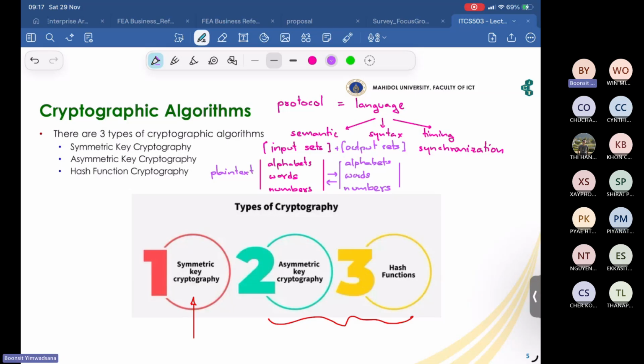This is semantic. The syntax is how we are going to change the input into the output. So the syntax is basically the rules. For example, in this case, the ciphertext is equal to the plain text position plus k.